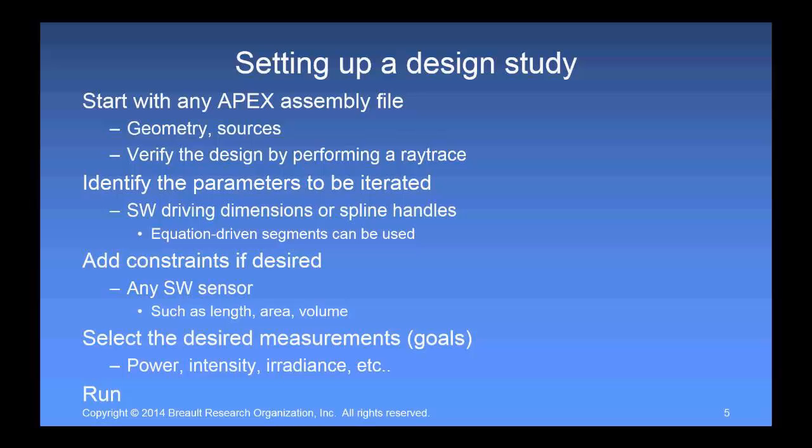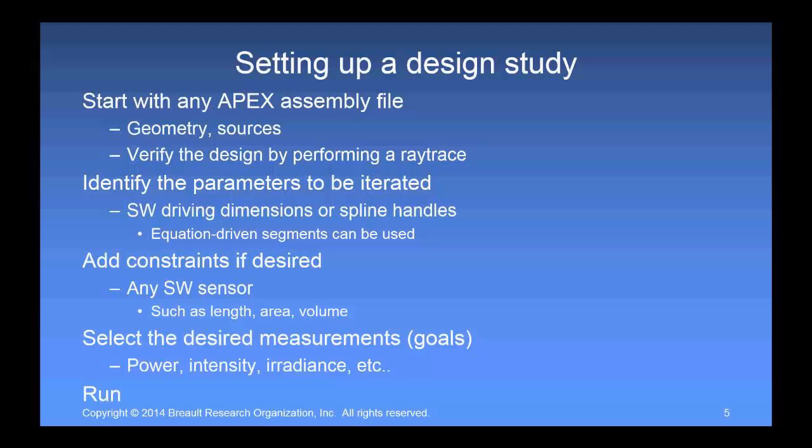Again, you can add constraints if you desire. Constraints are very useful in optimization because they will drive the design away from violating solutions. Since we're not doing an optimization, this will simply give you a flag. But basically, constraints are based on any SOLIDWORKS sensors, and the most common ones, of course, would be maximum or minimum length, area, or volume to be allowed for the design.